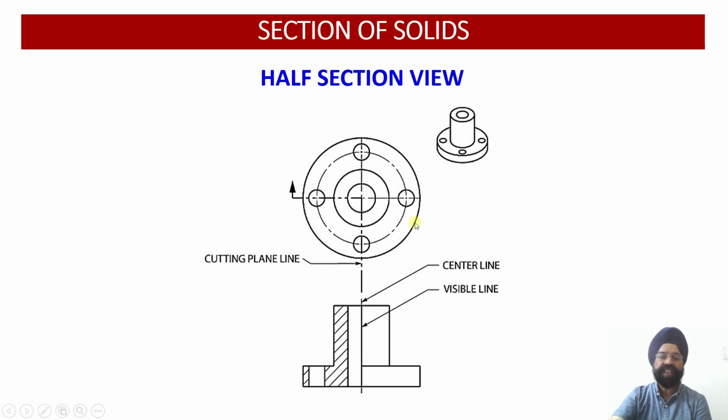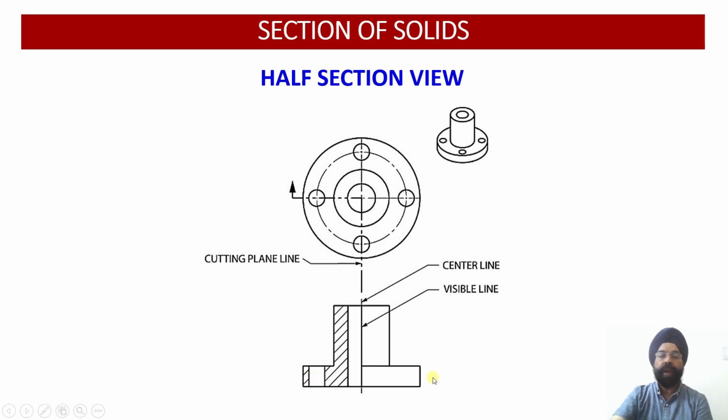In the half section view, we can show the details which are otherwise available in the orthographic view and the details which are available in the section view. In the orthographic view, you see, we are not able to see the interior portion. Obviously, we could have drawn the dotted lines over here. One dotted line I could have drawn over here, and two dotted lines corresponding to this hole.